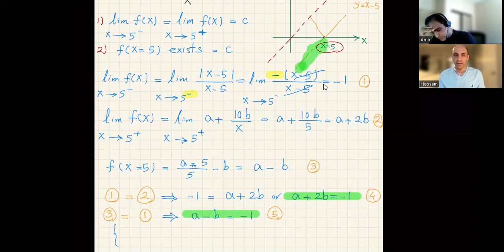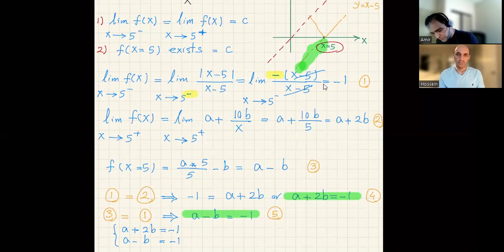And then what are you gonna do from here? I consider both of them here, and then just need to solve this system of 2 linear equations.